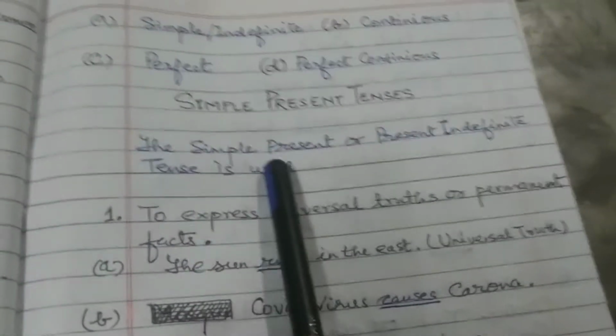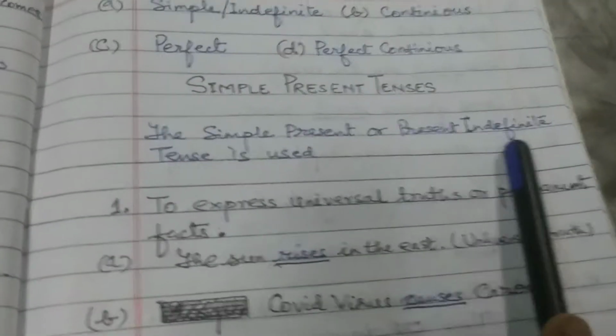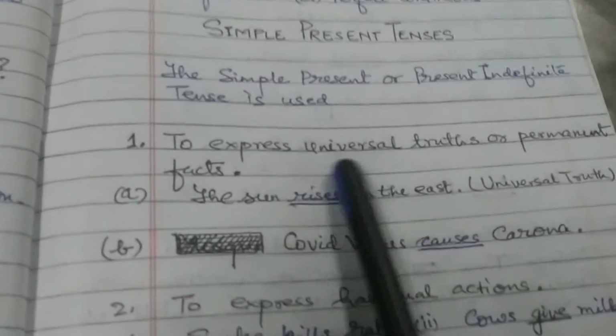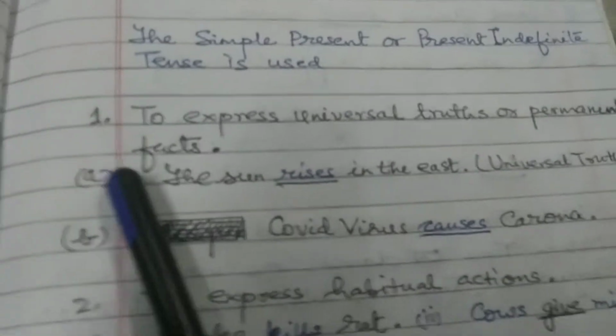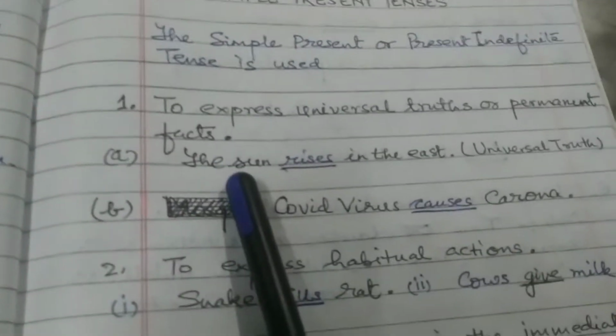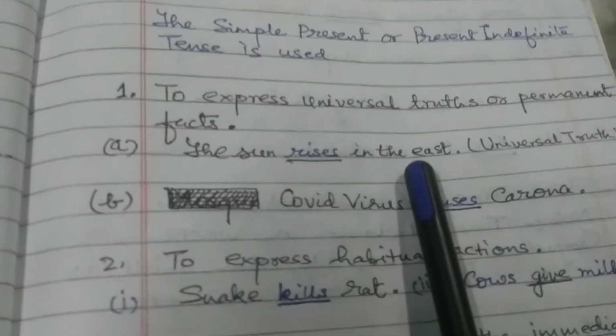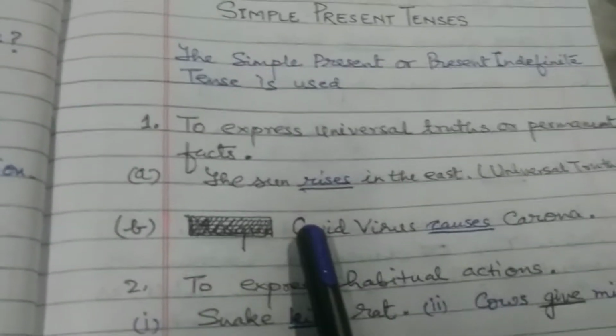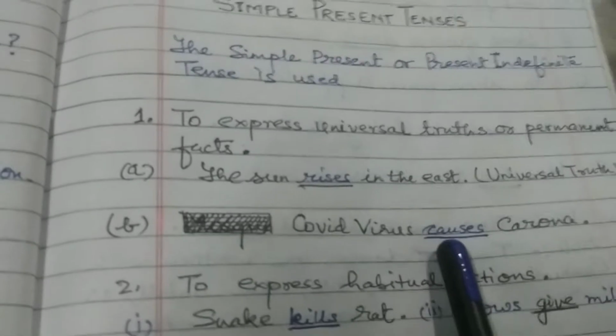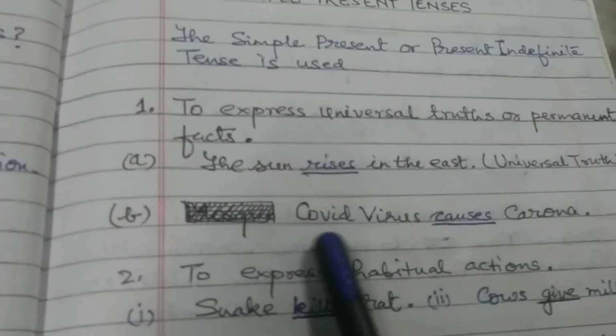The simple present tense or present indefinite tense is used to express universal truths or permanent facts. For example, the sun rises in the east. It is a universal truth. Then, COVID virus causes corona.